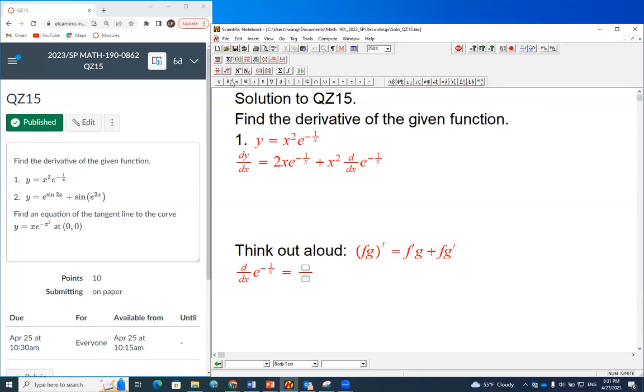The derivative of e to the power u with respect to u, multiplied by the derivative of u with respect to x. And of course, u is negative 1 over x.